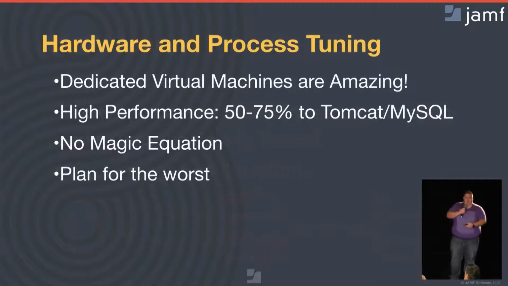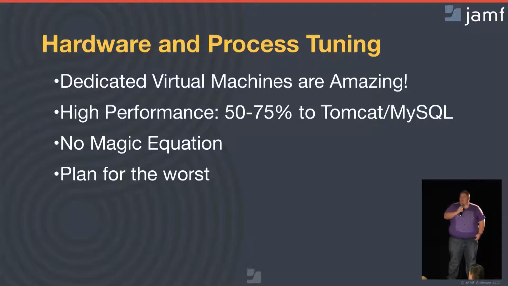Okay, so what kind of resources do we allocate to this? So first and foremost, if you can provide a dedicated virtual machine for Tomcat and MySQL, that's amazing, that's perfect. They don't have to fight for resources, which reduces the chances of any kind of conflicts there. As far as resources, on a high performance environment, we're looking probably between 8 and 16 gigabytes of memory dedicated to Tomcat or MySQL.